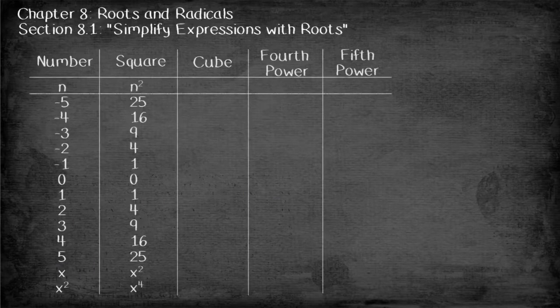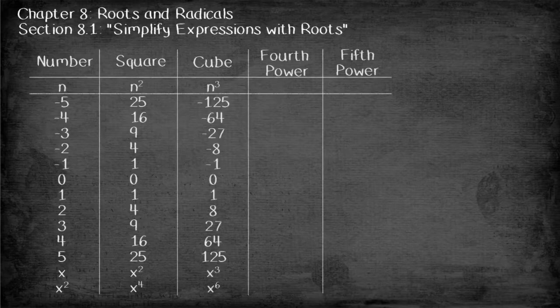All right, we know how squares of numbers go. Let's look at some cubes. So the cube of -5 is -125. Cube of -4 is -64, and so on like that. When we cube a variable x, we get x to the third.